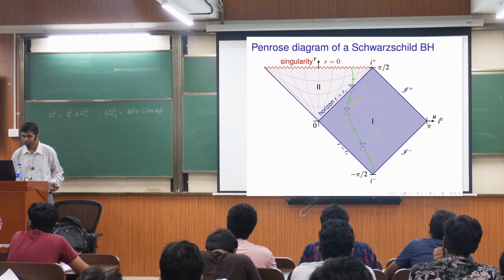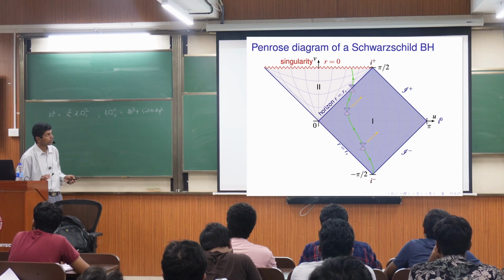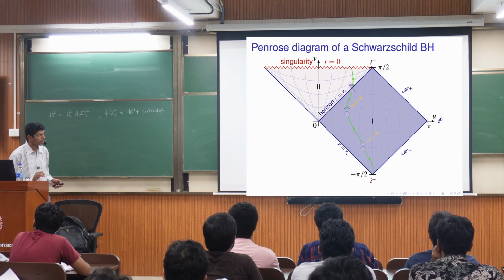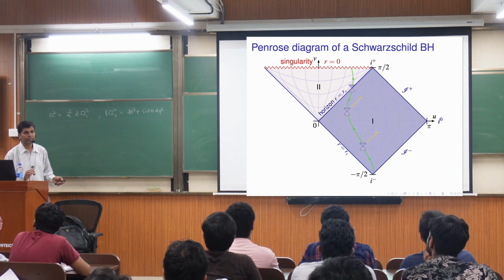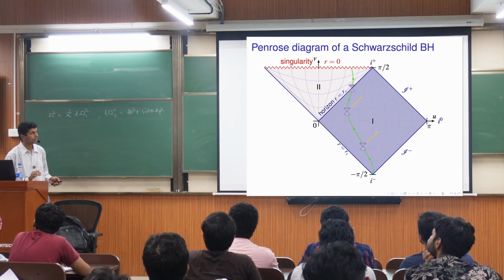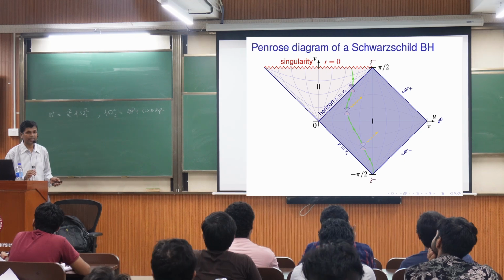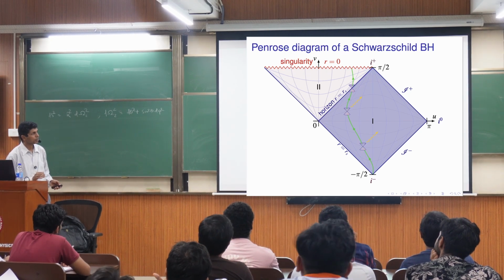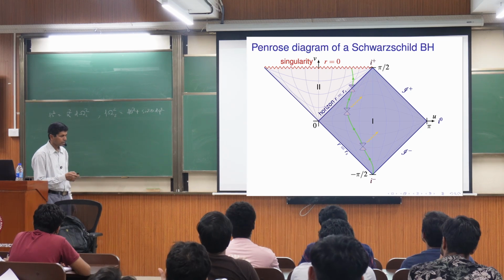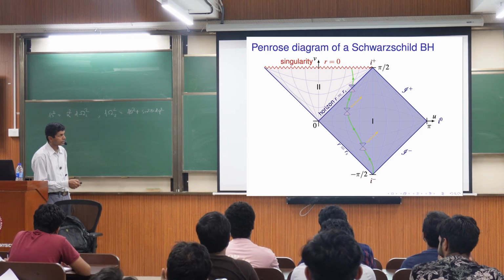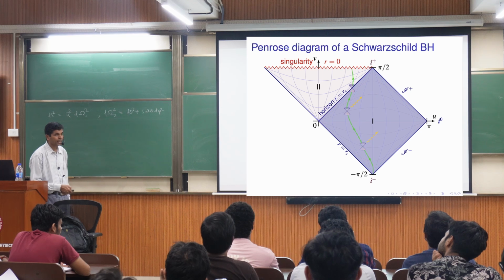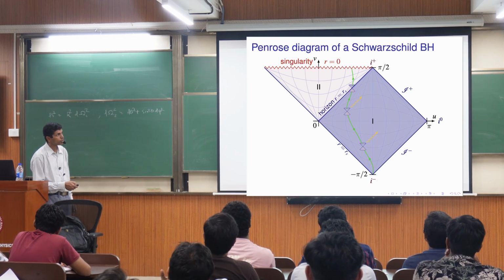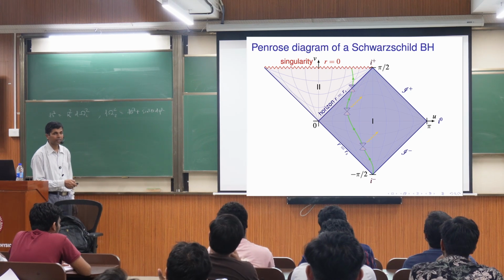And there is one thing that I wanted to point out here. You see, this is a null surface, anything which is at 45 degrees, that is the trajectory of a light ray, so that is a null surface. Consider a surface which is like this, okay? This is a time-like surface, in the sense that the slope is always greater than 1.